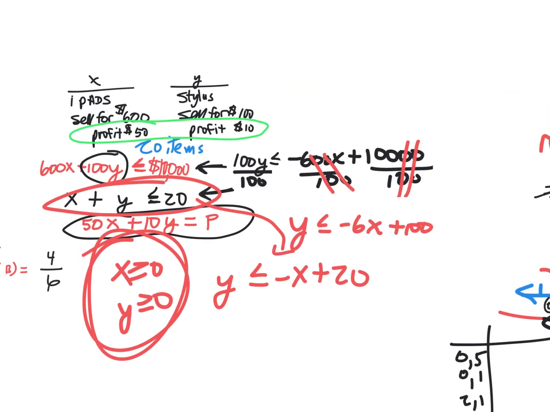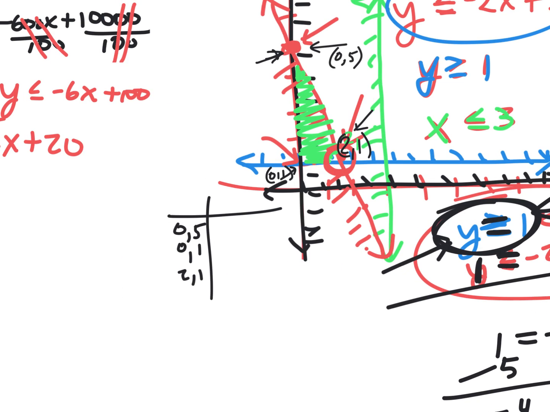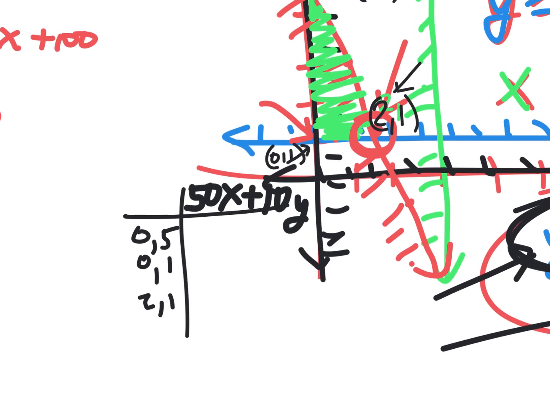So we're going to use the optimization equation we had for this guy, which was x had $50 of profit, so 50x plus 10y. To get this to be an actual equation, I'm going to say P equals 50x plus 10y.